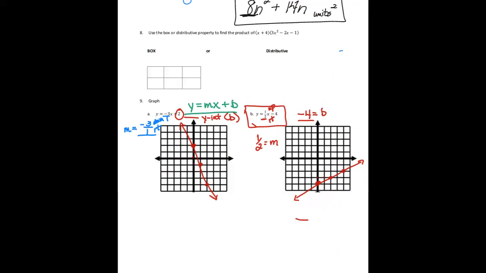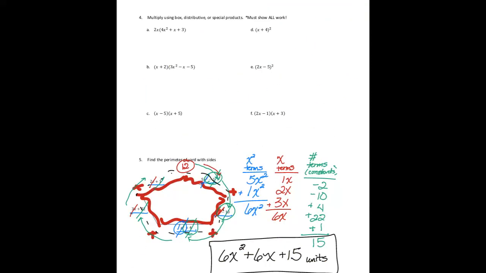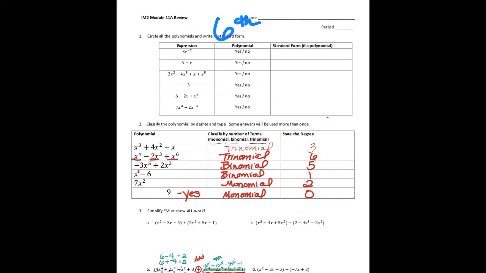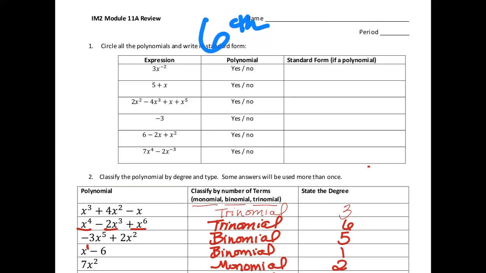Question. We got time for one more question. Number 1. Is it a polynomial? What makes something not a polynomial? Negative exponents. So if you have a negative exponent, it is not a polynomial.